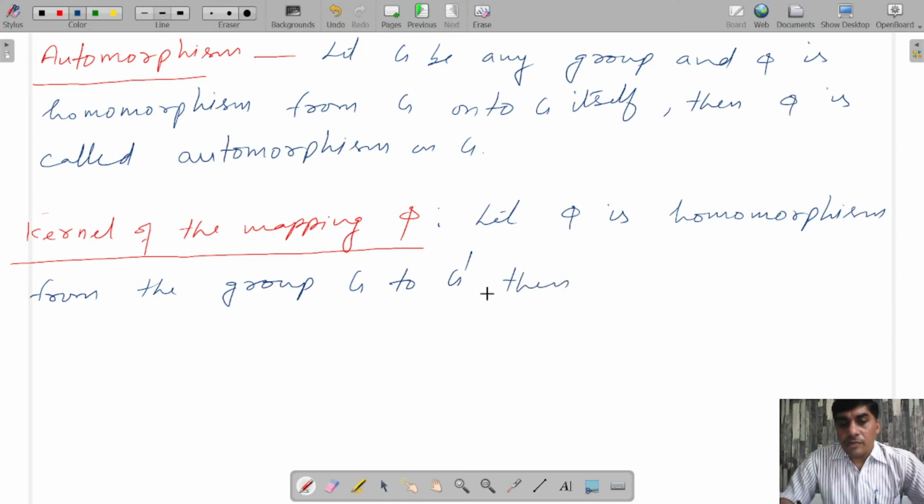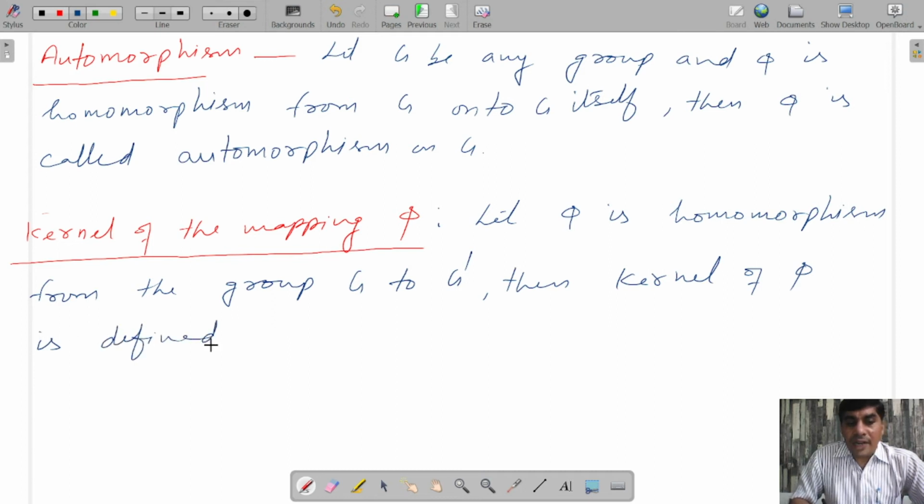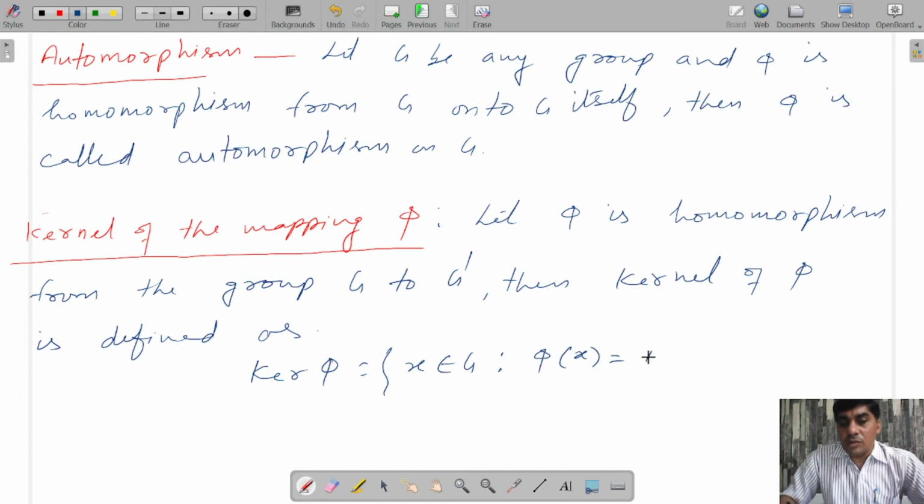Then kernel of phi is defined as kernel of phi is equal to x belongs to G such that phi of x is equal to identity of G dash.